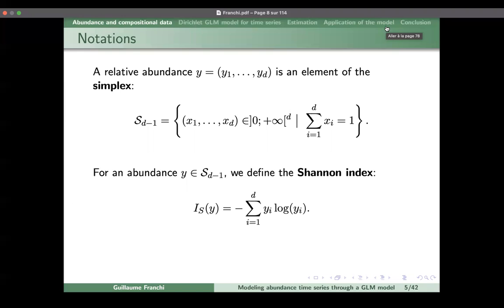And last useful notation, I will denote y with the bar, the vector where I remove the last component of abundance. Actually, here I will consider that the last species is a species of reference in my ecosystem. It is the one that completes the rest. Okay, you will see why later. It is just a useful notation.